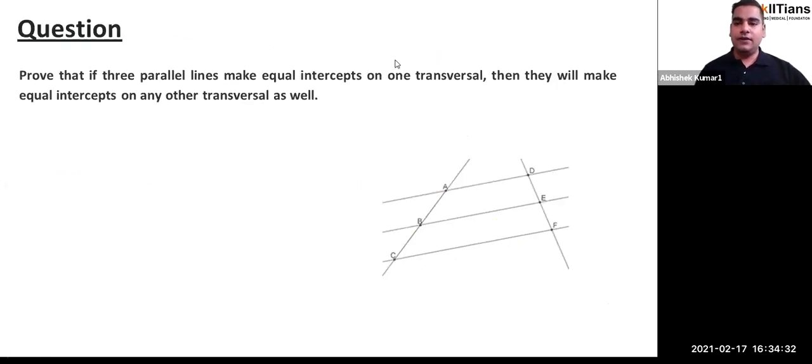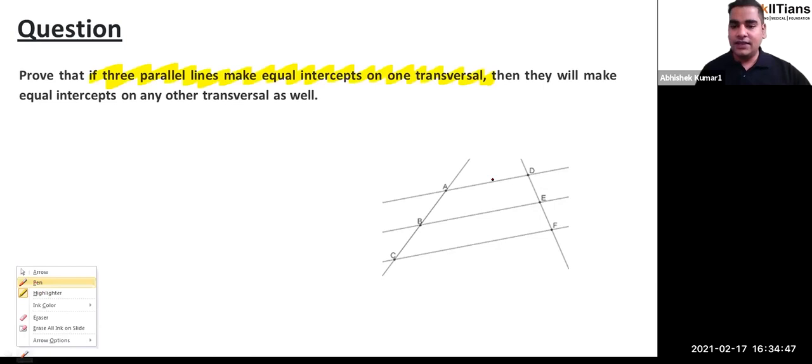Let's say here you can see this problem. It says prove that if three parallel lines make equal intercept on one transversal. So what are we given here? We are given that this line AD is parallel to BE, which is parallel to CF, and they make equal intercept on one transversal.